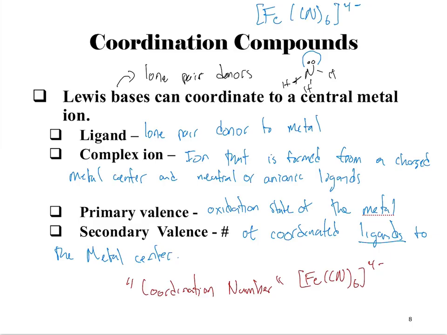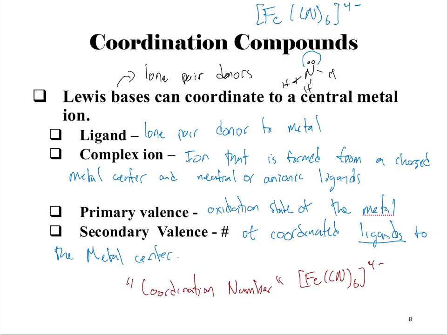I'll tell you that each of these cyano ions or Lewis bases has a charge of -1. Right, what's the total charge on this complex ion? Yeah, the total charge is 4 minus, right? So if each one of these has a -1 charge, the total charge that comes from this should be -6, right?